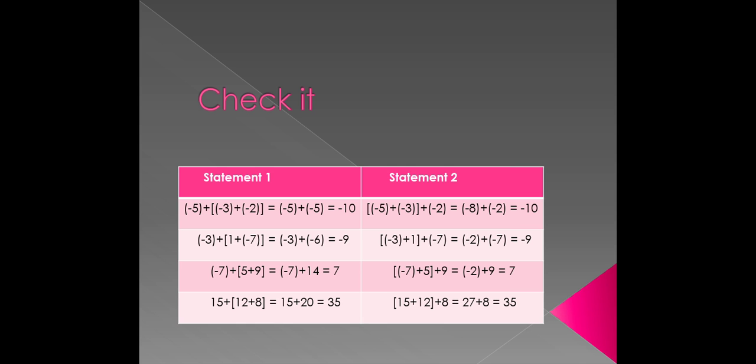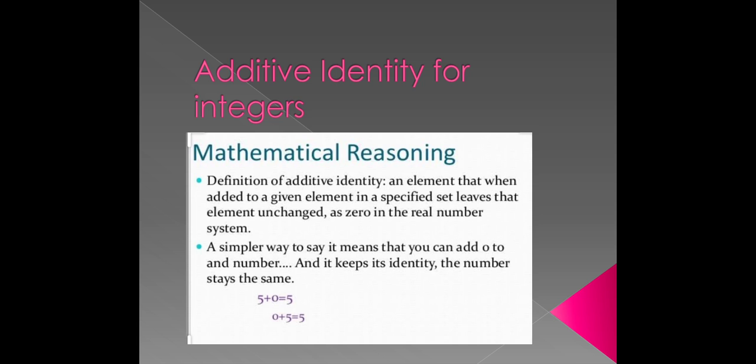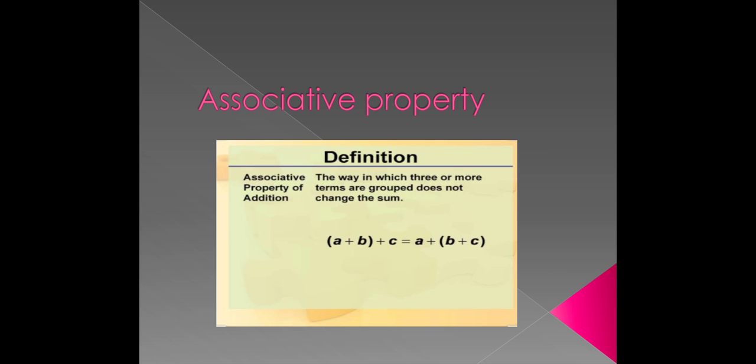So the associative property is what? Basically, in the associative property, we change the position of the brackets. See students, here the bracket is with a + b, and in the second case the bracket is with b + c.